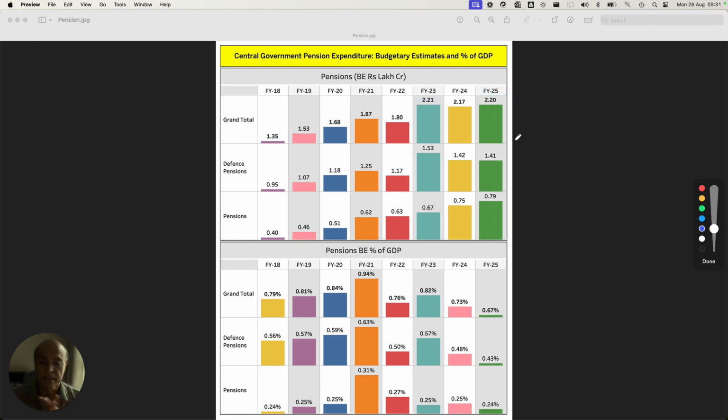So this, friends, I thought of talking to you about. The summary of this discussion is that the overall pension which the government of India is granting to their employees, both defense as well as central government employees, stands now at around 0.67% of the GDP.